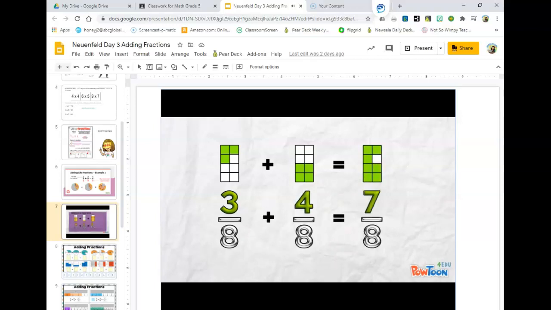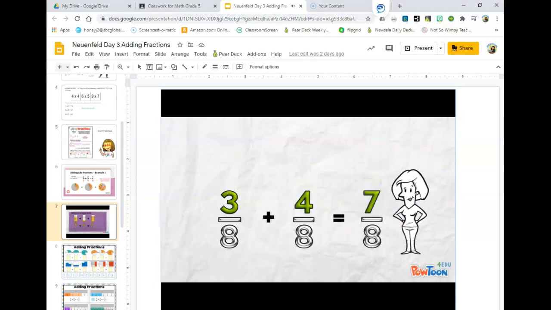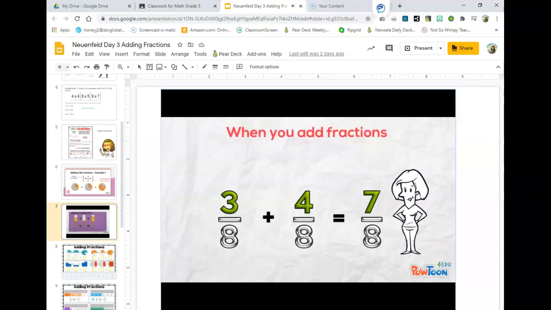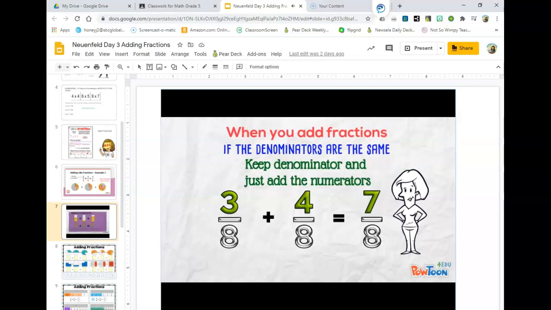If I remove the model and we just focus on the fractions, you can see the denominator is unchanged. It stays as parts out of 8. So you can see, when you add fractions, if the denominator is the same, you keep it and just add the numerators.